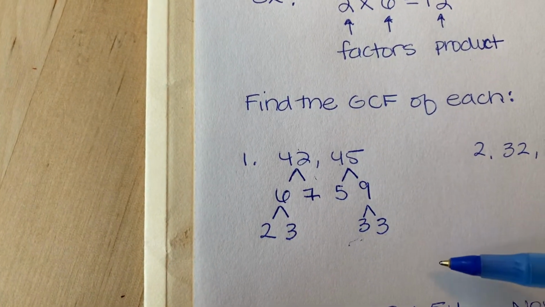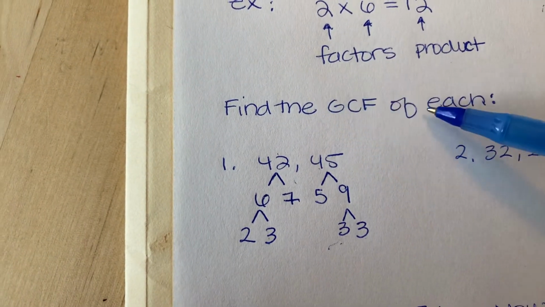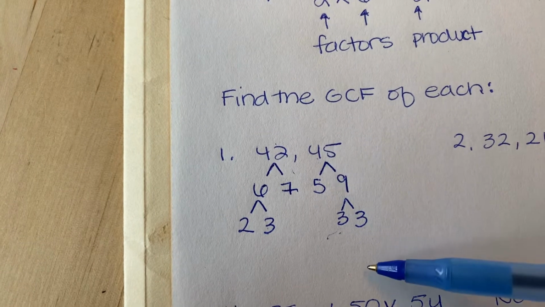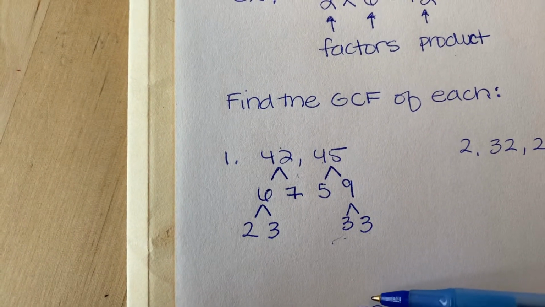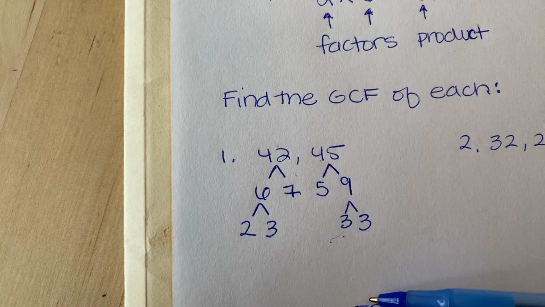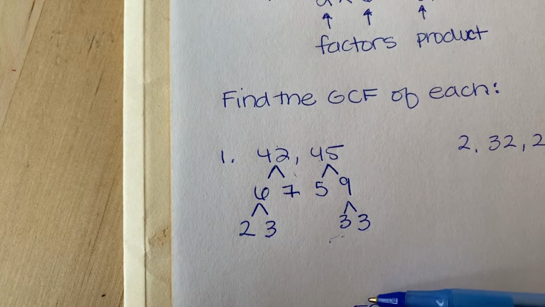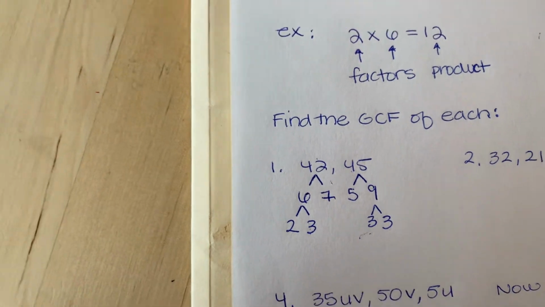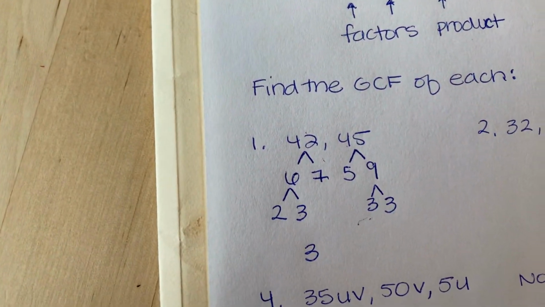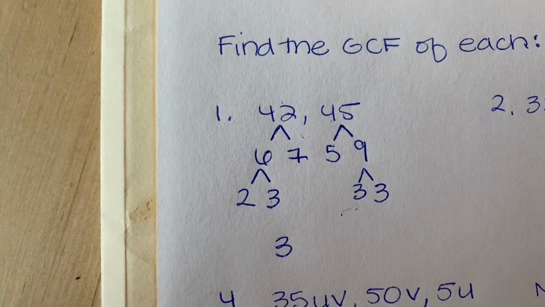We want the greatest common factor for 42 and 45. What is the largest number I can pull out of here? What do you think? Just 3, right? So it would just be 3.